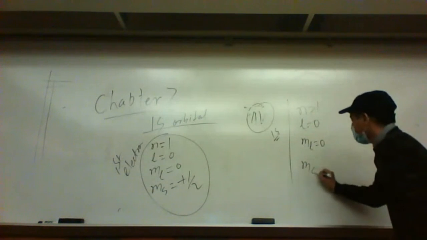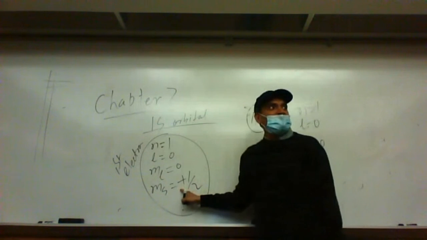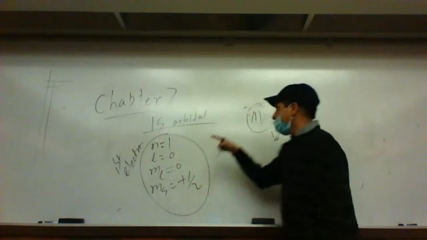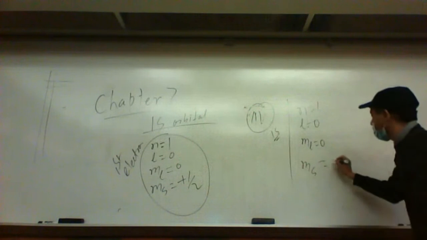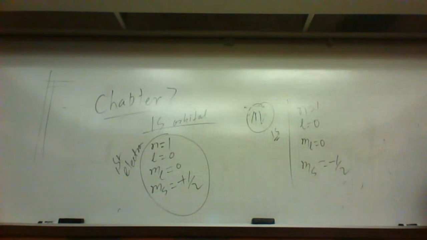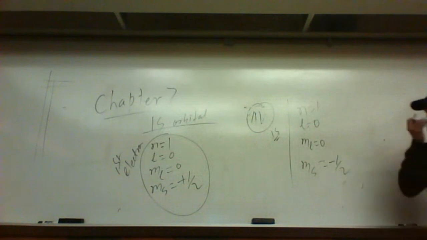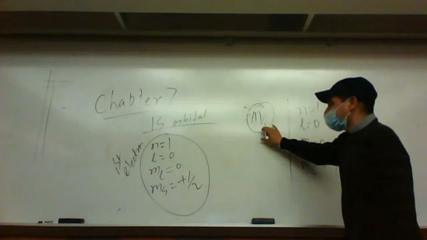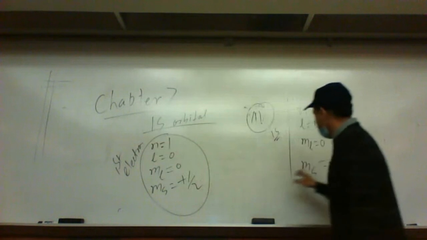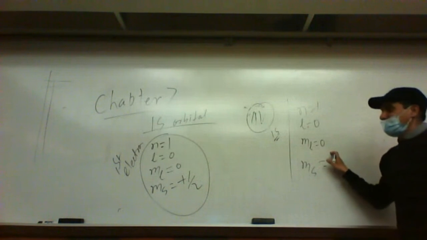Now MS. I wrote the plus half already here, that was the clockwise one. Now this electron is going counterclockwise, so I must write minus half here. Listen. You see here, there are 2 electrons in exactly the same seat, but one is spinning clockwise and the other anti-clockwise.